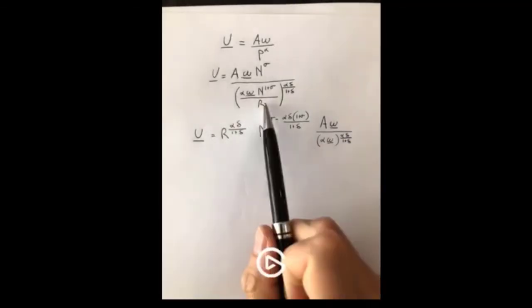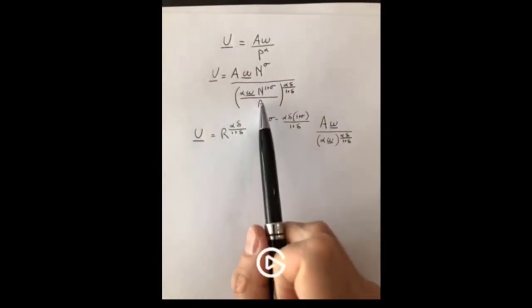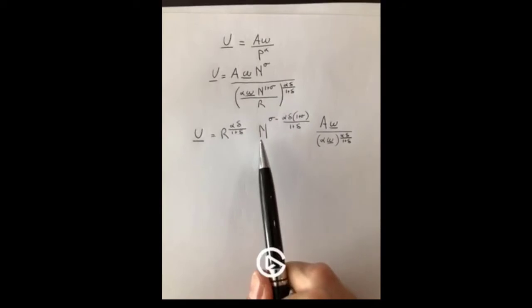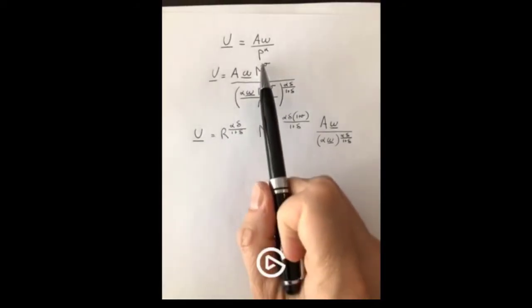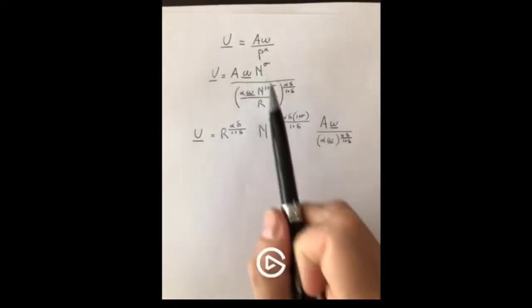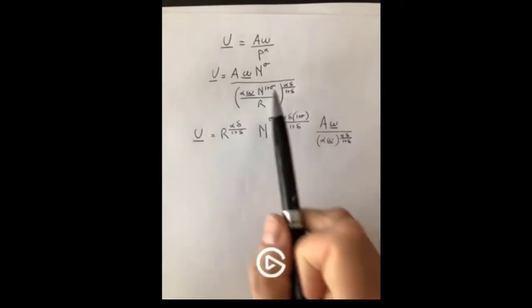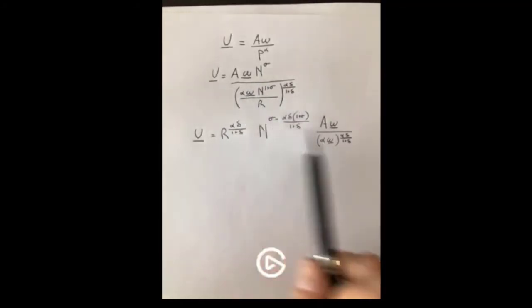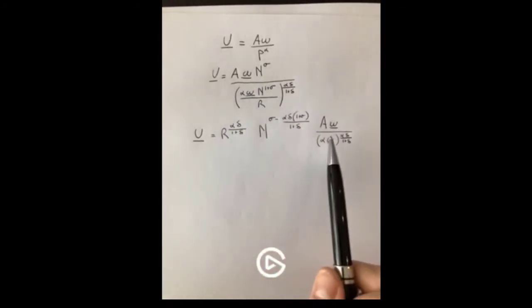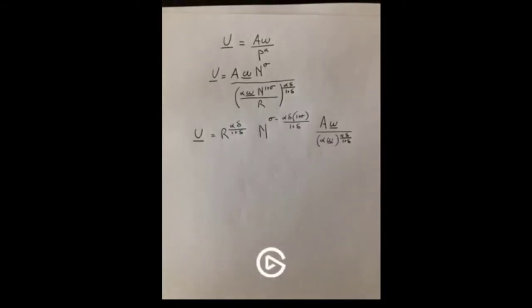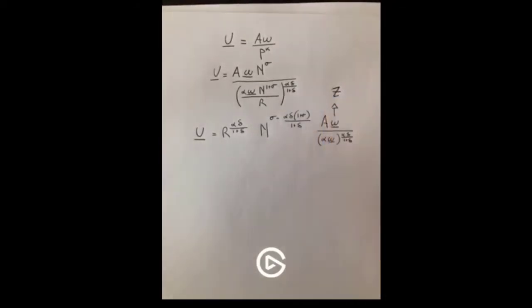So this r here is just moving this on the top. This n here is just the difference between this exponent and the exponent of this part here. And this is the remainder, all the terms that are not related to r and n. We're going to call this term z for simplicity.